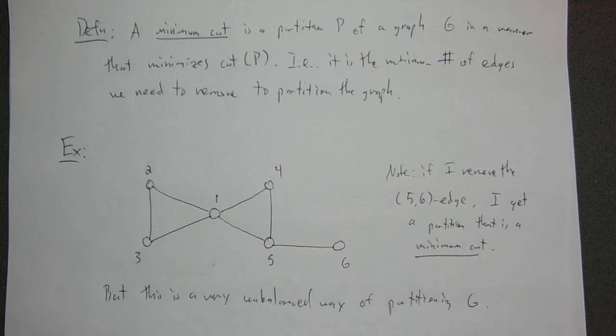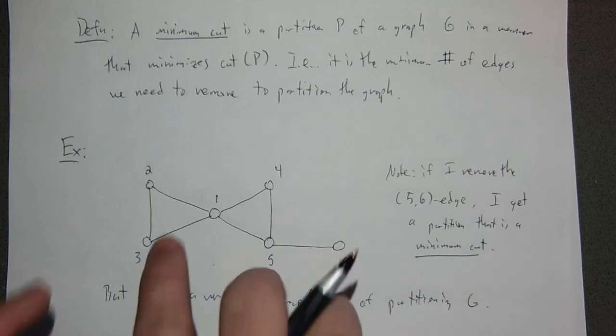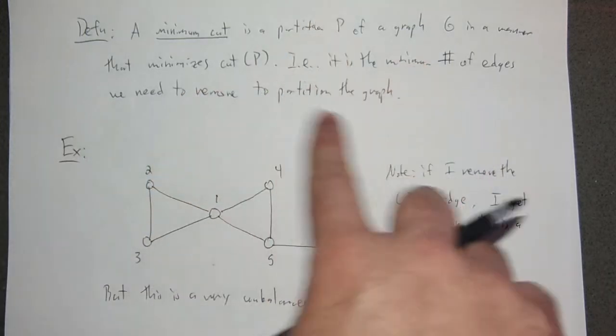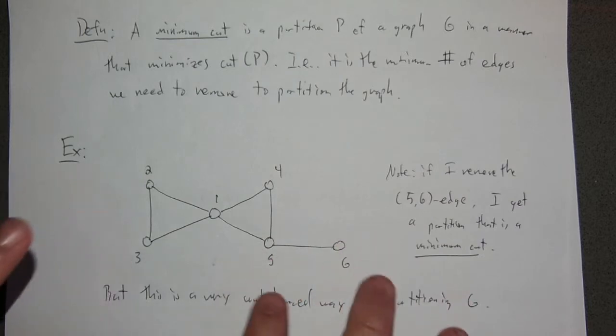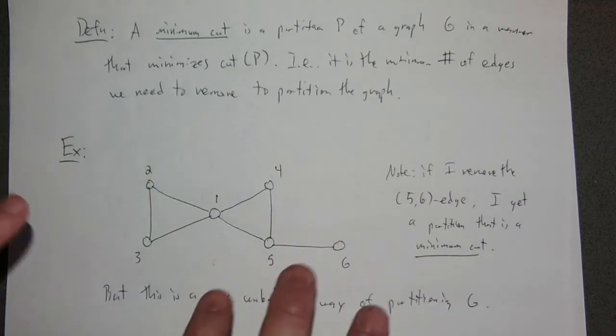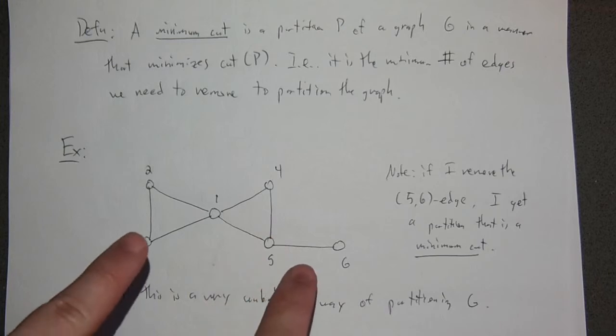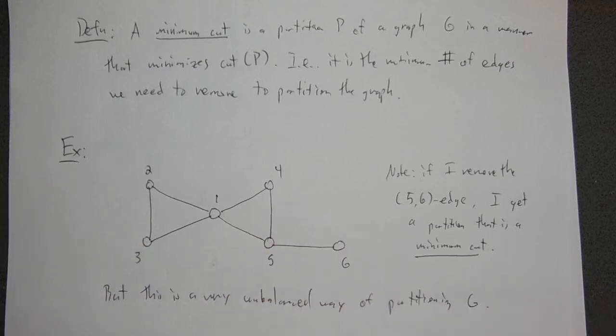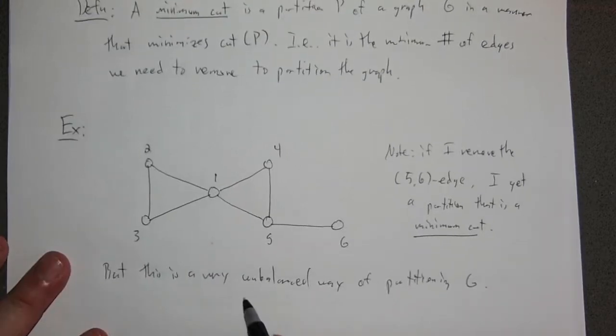So for various reasons, what we actually want to do is keep the cut as small as possible while also keeping the size of the partition subsets roughly the same. So that's why just using the minimum cut is not good enough. So this is an unbalanced way of doing it.